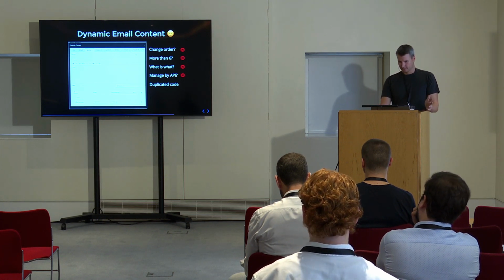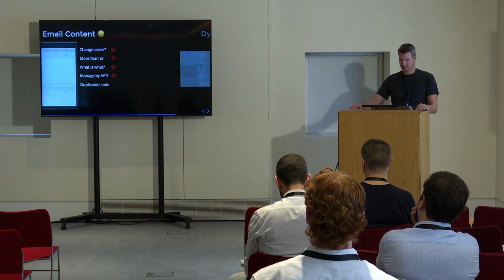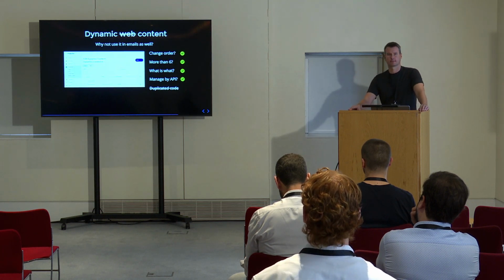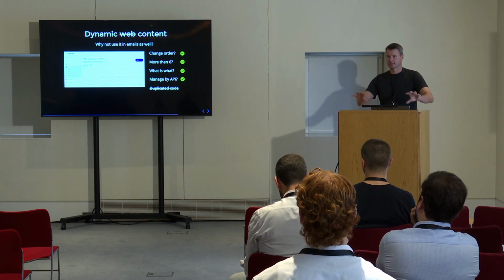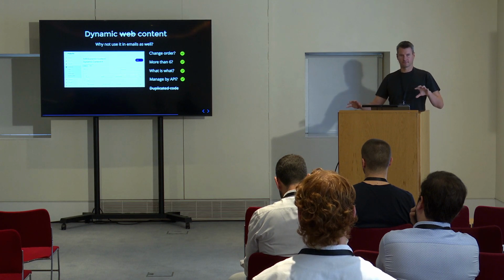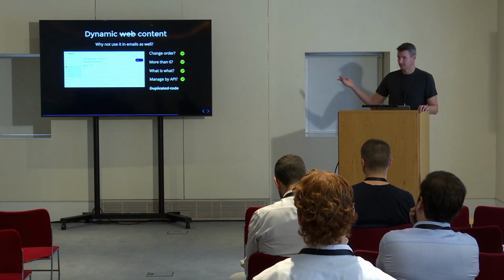And again, there is duplicated code with segments, but also with dynamic web content. Is anyone using dynamic web content? So those are two separate things in Mautic. And they also live in two code bases. They have different data stores. And again, you can see similarities with segment filters.